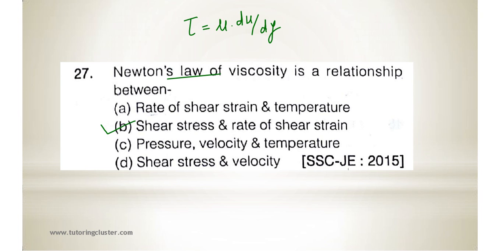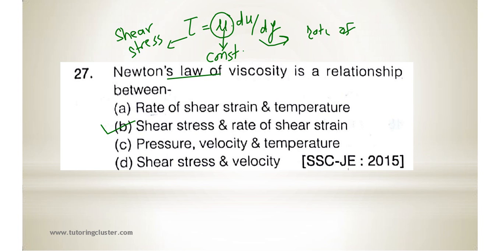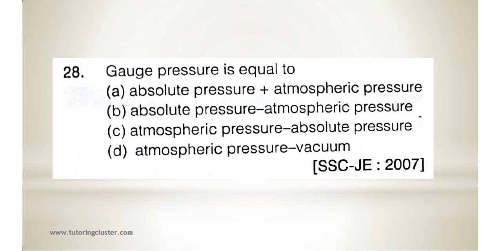So the correct answer will be option number B. Here mu is constant, tau is shear stress, and du upon dy is the rate of shear strain. So please do remember all the terms.